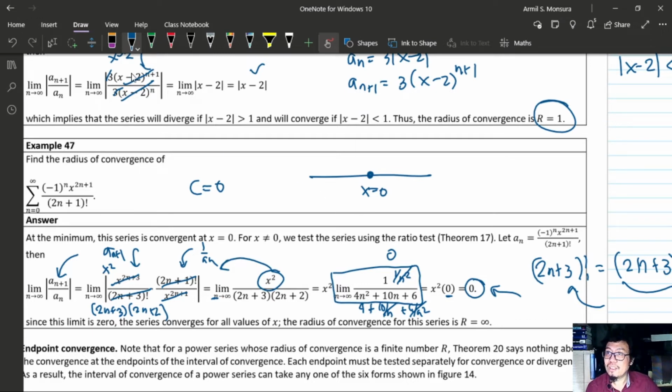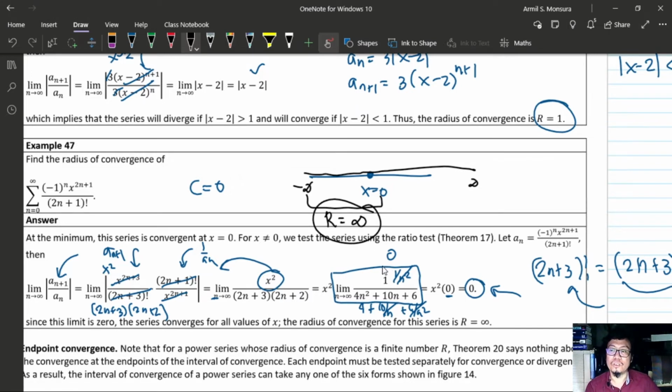So therefore, the interval of convergence of this one is from negative infinity up to positive infinity, and the radius of convergence is infinite.